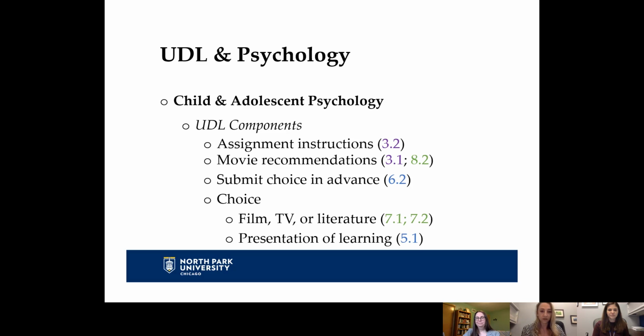Students also had to submit their choice in advance. Before they started their assignment, they had to tell me what TV show or film they were watching or what book they were reading, and I had to give them the go-ahead, the green light. The reason I did this was to help with students' planning and strategy development.